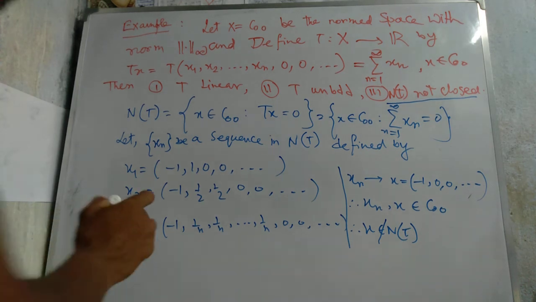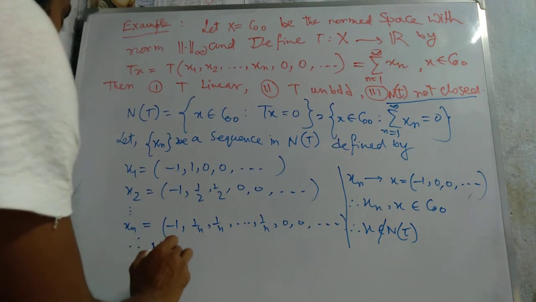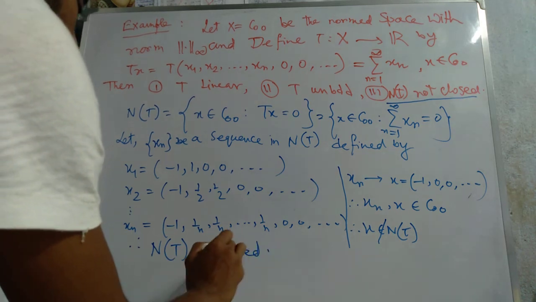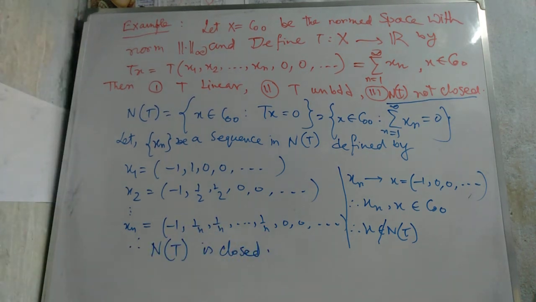Then we conclude that N(T) is not closed, because a sequence in N(T) converges to x in c00, but x does not belong to N(T).